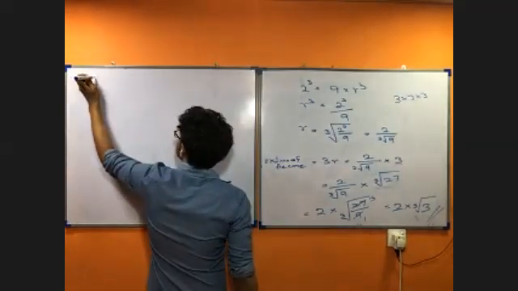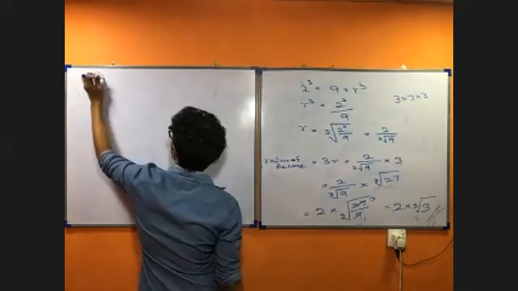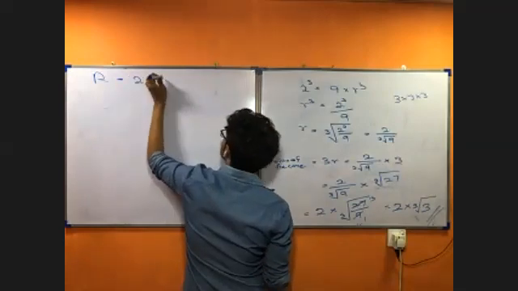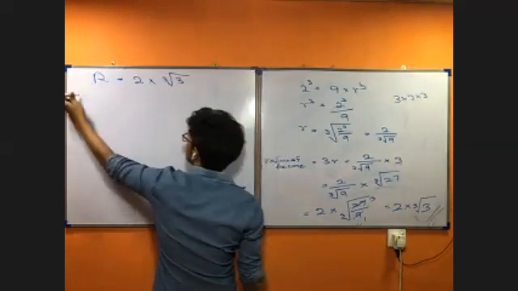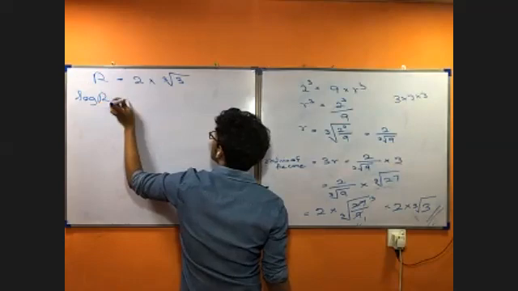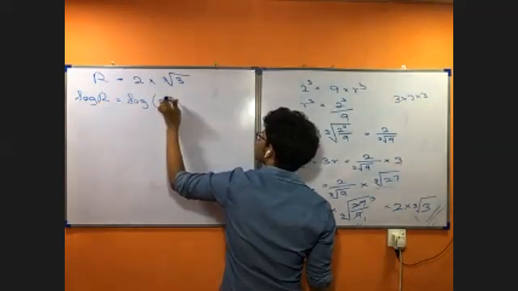Let's say R. Small r is used, right? So let's use something else, like capital R. Capital R is equal to 2 times third root of 3, right? So you take log R is equal to log of 2 times third root of 3.